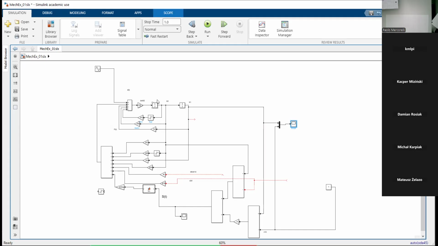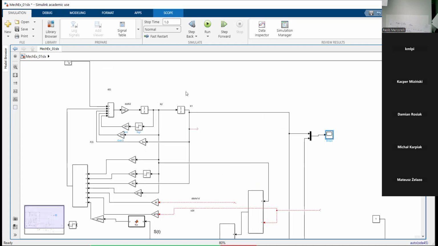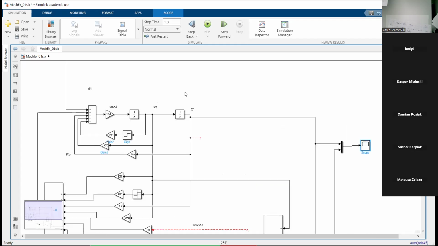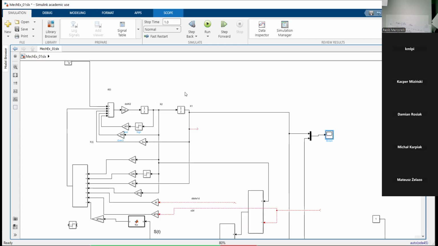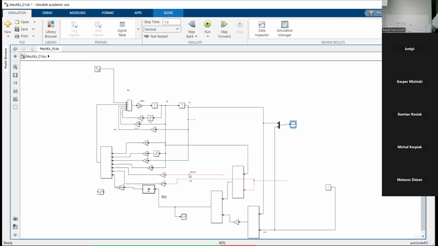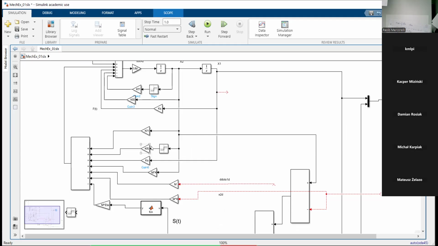Let me see once again. I don't understand why. It could be that I made mistakes in the implementation here.